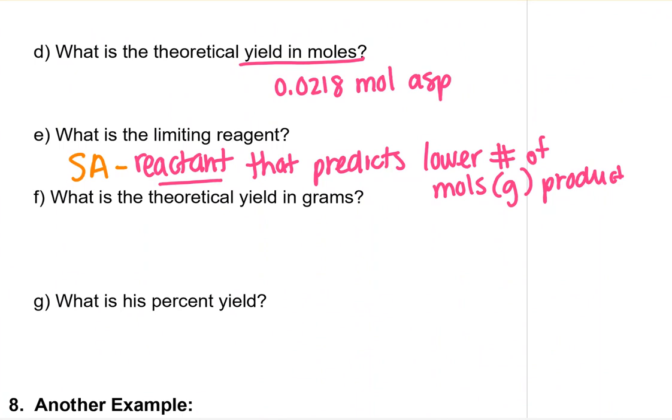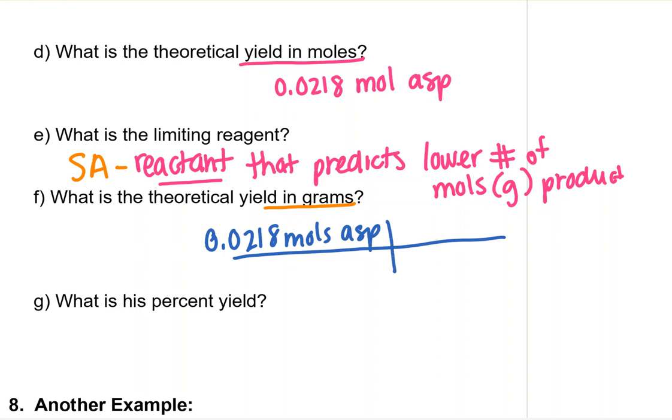And then if I want to get my theoretical yield in grams, I'm going to take it in moles. I may have more digits in my calculator. It doesn't end up mattering on our lab midterm because it's multiple choice. So if your digits vary just a little bit, you can choose the one that's closer.